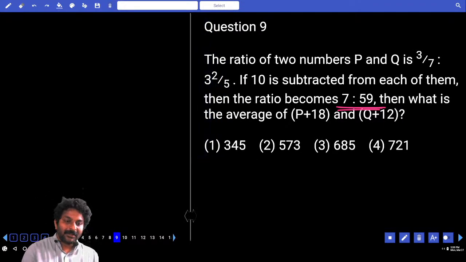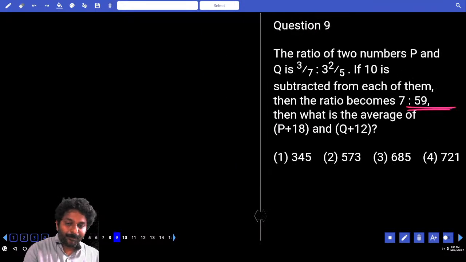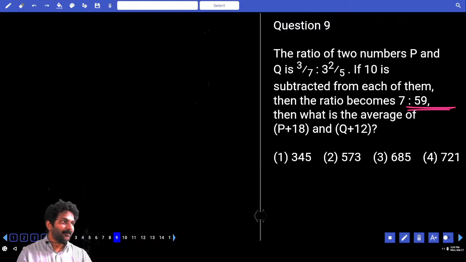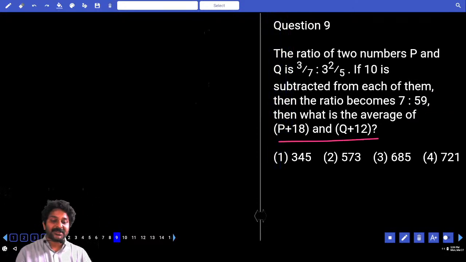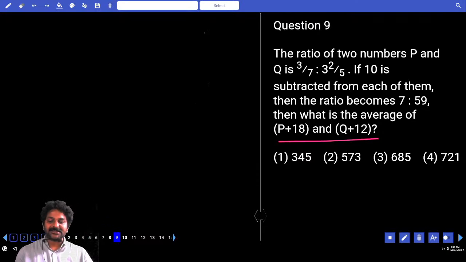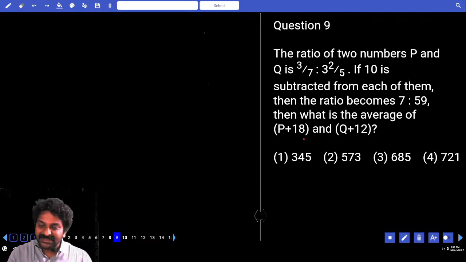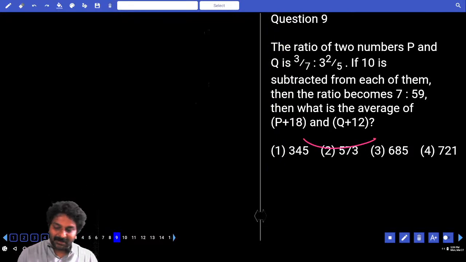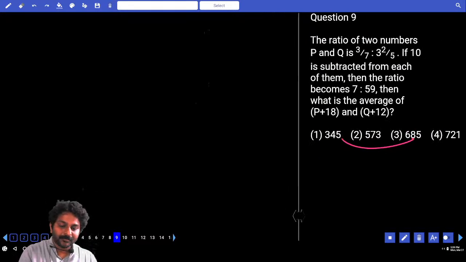That means P plus Q minus 20. But what do we want? P plus Q plus 30. So can I take this 20 to the other side? Otherwise, to make this P plus Q plus 30, how much should be added?